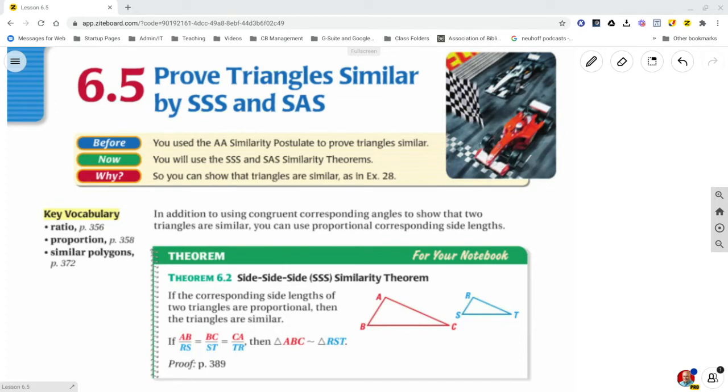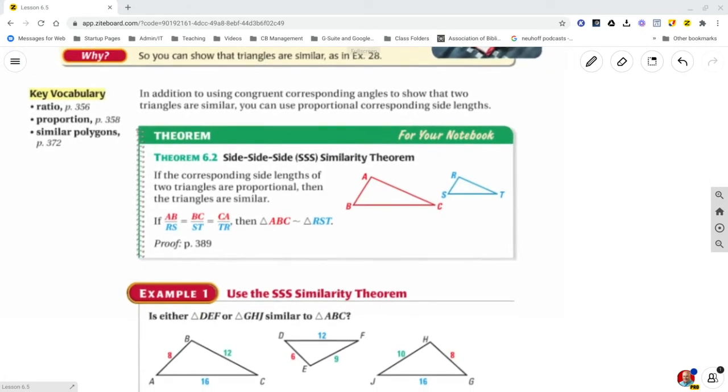But the difference here is that similarity is established by evaluating the ratio of the sides that correspond to each other. So in the first case, when we have side-side-side similarity, what we know is that the ratio of each of the corresponding sides, again, the order of the vertices matters.